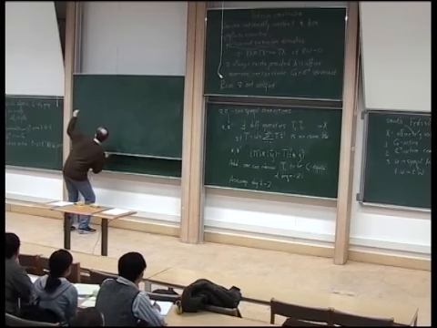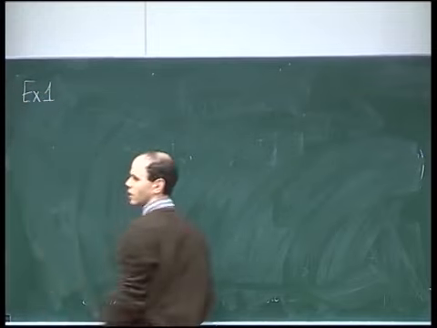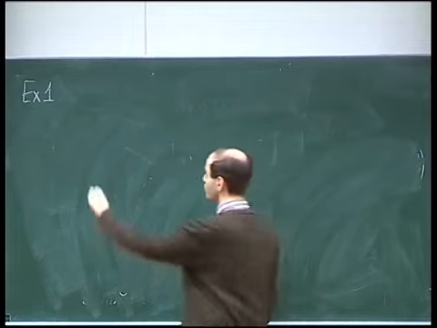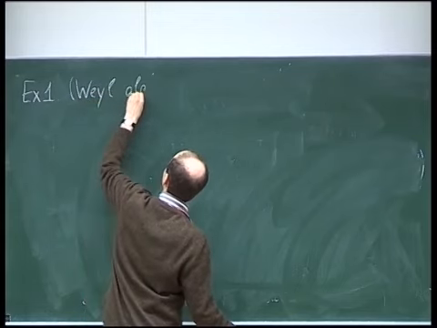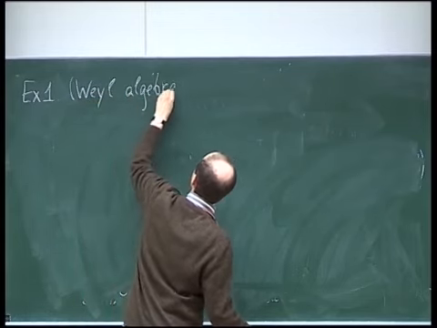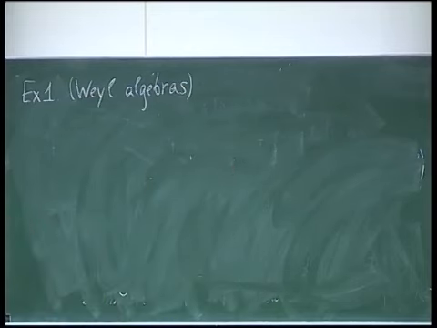Well, the first one is, in a sense, tautological, and this is the example of Weyl algebras. In a sense, it's not an example of application of the Fedosov construction, because the Fedosov construction is based on this example, in a sense.